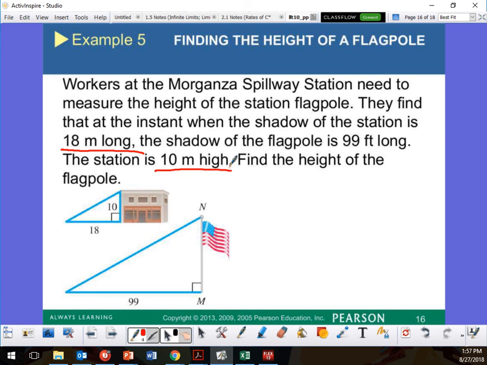You also could have set it up with 18 over 99, but you would have to make sure you set up your second ratio correctly also. Since 99 is on top, what needs to go on top over here? Let's say W over 10.